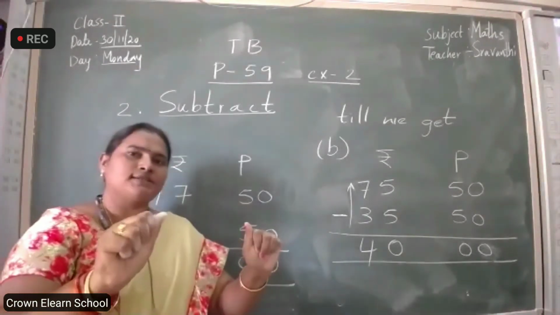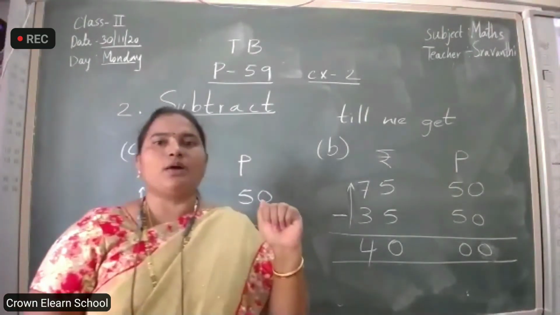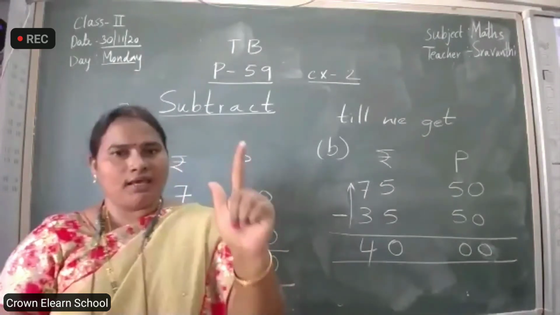Close all fingers. 4 after, what comes? 5, 6, 7.